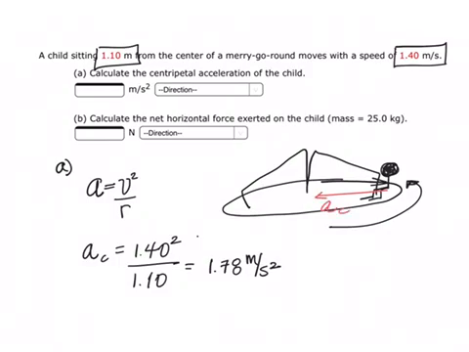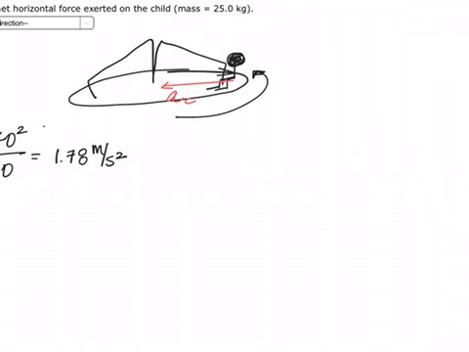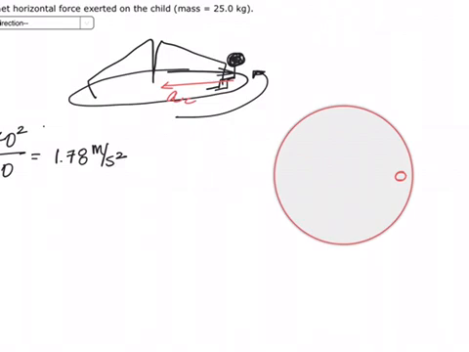So if we think about looking at an overhead view of this merry-go-round, and you've got the child sitting there, maybe there's the child, then the center being here, there would be an acceleration towards the center that's causing the velocity that is tangent to the circle to change, because in the next second or so it's going to be this way, and then this way, and then this way.